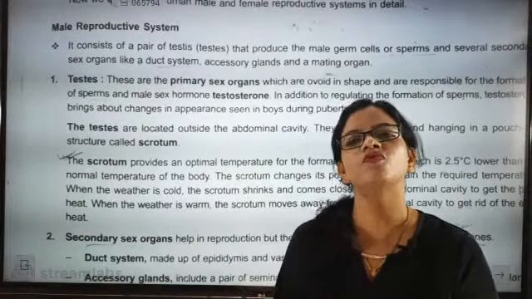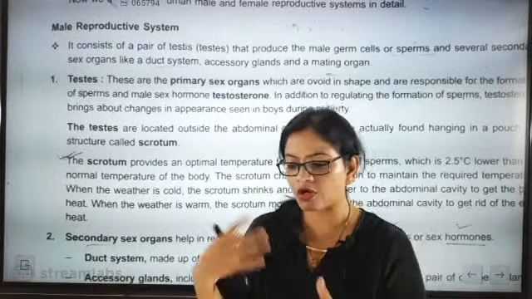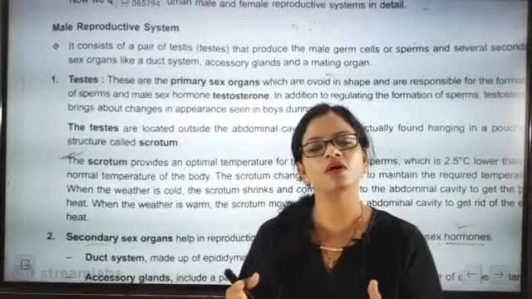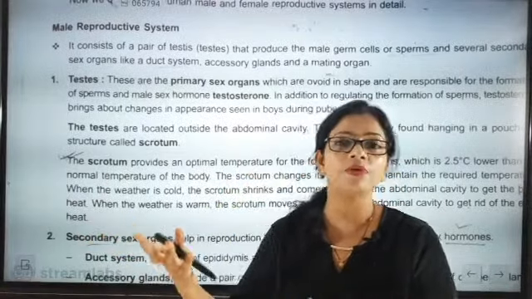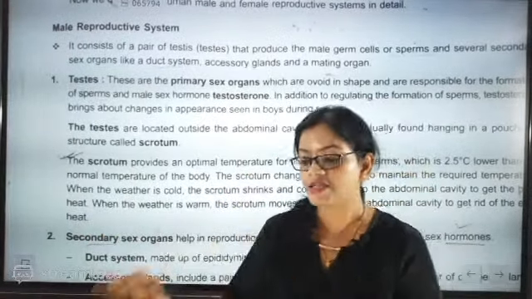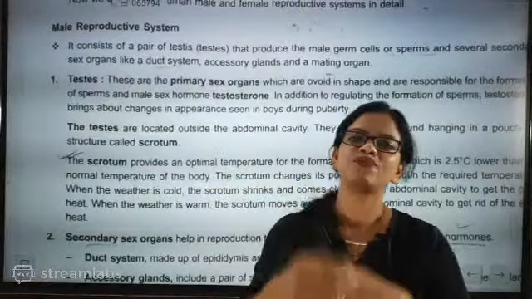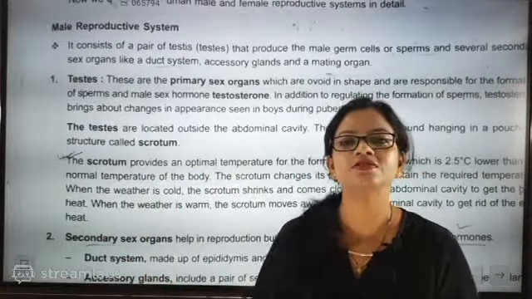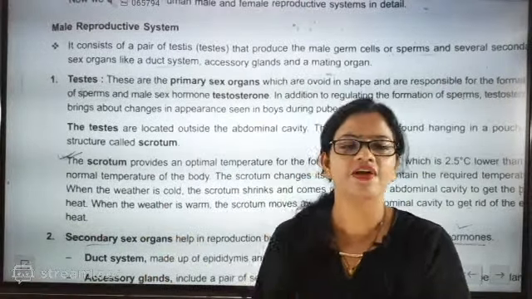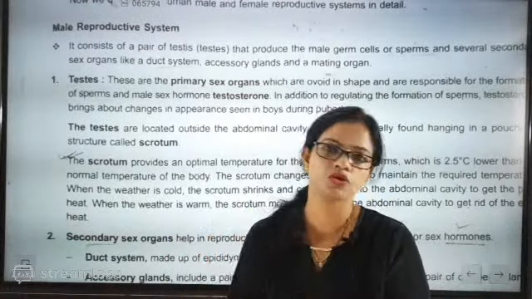The scrotum provides a lower temperature than the human abdomen. Testis is not inside the abdomen because sperm need 2.5 degrees less for its growth and survival. Because of that, the temperature is lower in the scrotum region.